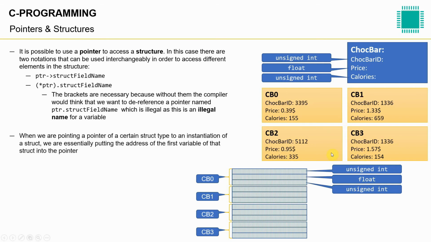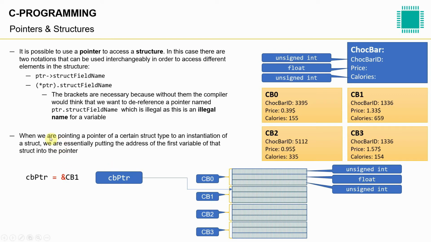By the way, when we were doing this statement here, CBPTR, we pointed it to CB1, that is what actually happened. So the pointer pointed at the first element, as I said, of the structure. So you can see it here, it points to the first element of the structure that we wanted to effectively manipulate.